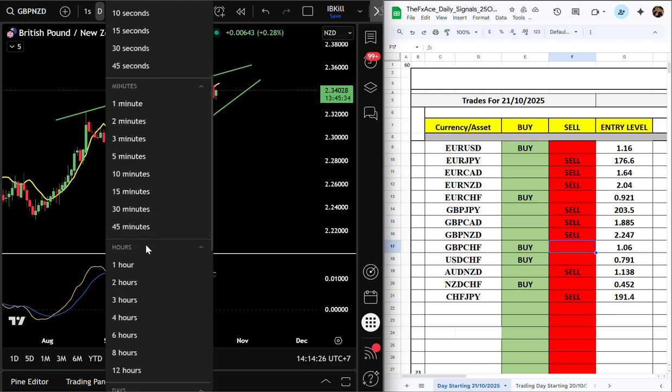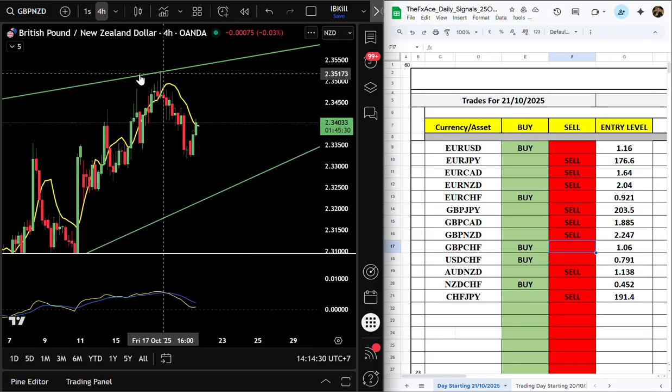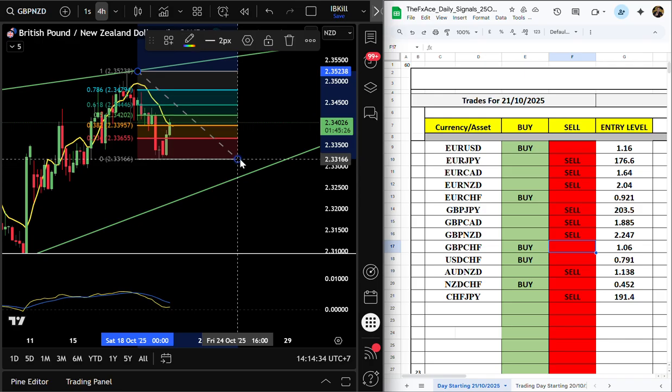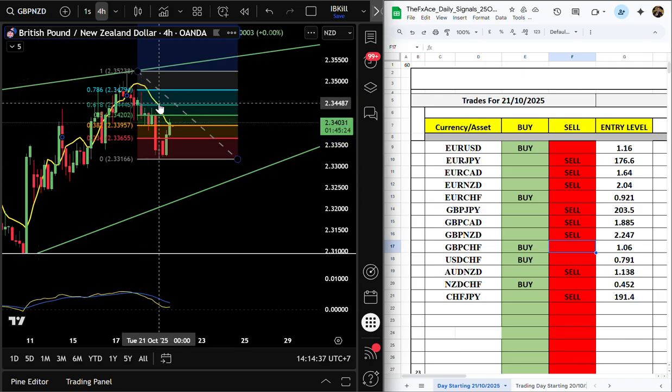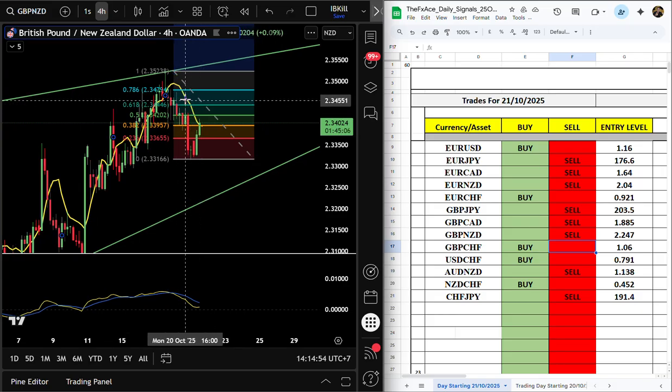To get in on that move, similar to the Euro Kiwi yesterday, we want to draw the fib, and we have the 61 at 234.5. I kind of expected it to maybe pop up above that, spiking up towards Friday's high here, up towards 234.7.